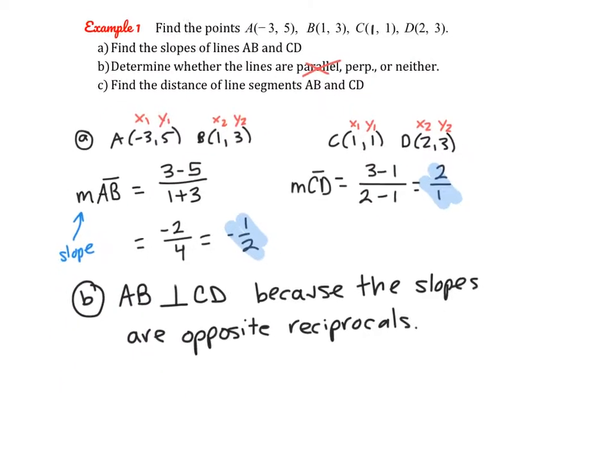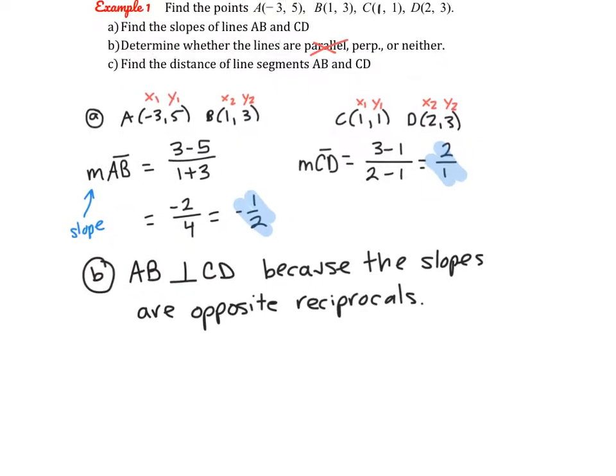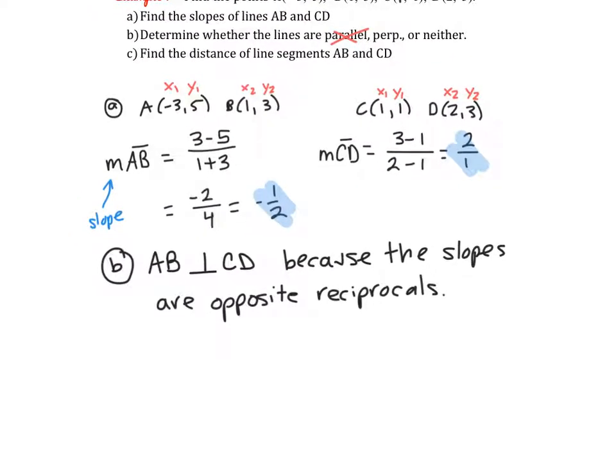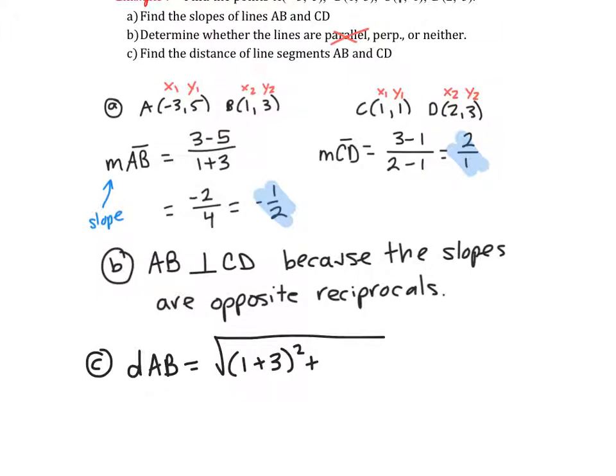Okay, now they would like us to find the distance of line segment AB and then CD. So they want us to find the distance between those points. Let's find the distance between points A and B. We're going to use our formula, x2 minus x1 squared, so 1 plus 3, plus y2 minus y1 squared, and we take the square root of that.